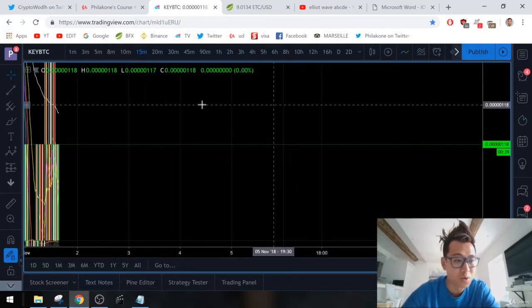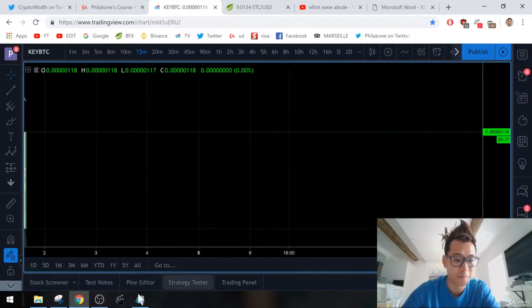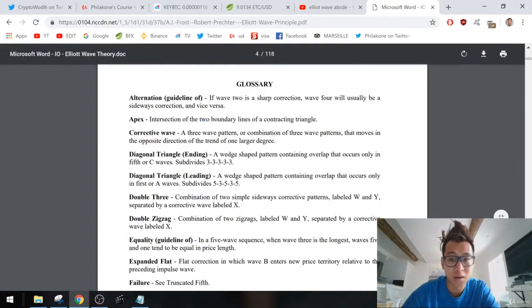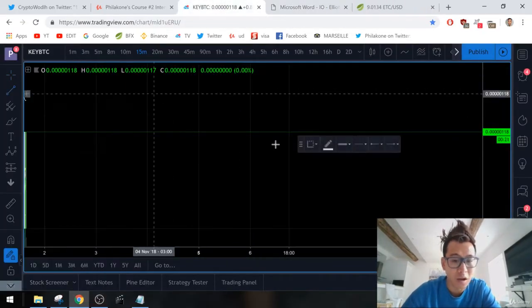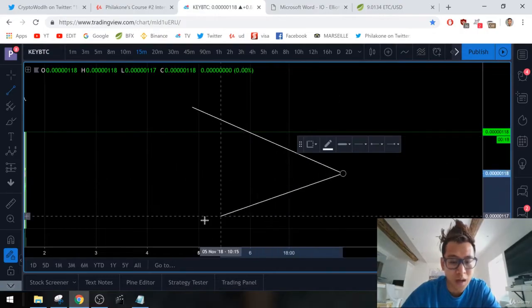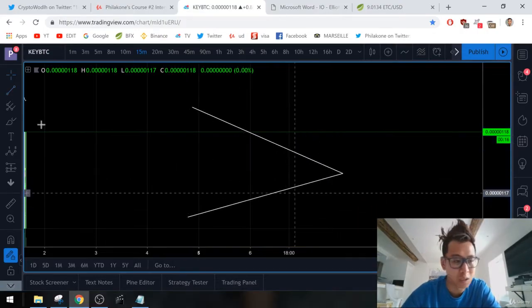And now we're going to talk about an apex, as stated right here. An apex, where it states the intersection of two boundary lines of a contracting triangle. So an apex simply refers to this right here. It refers to a place where a triangle will basically meet.